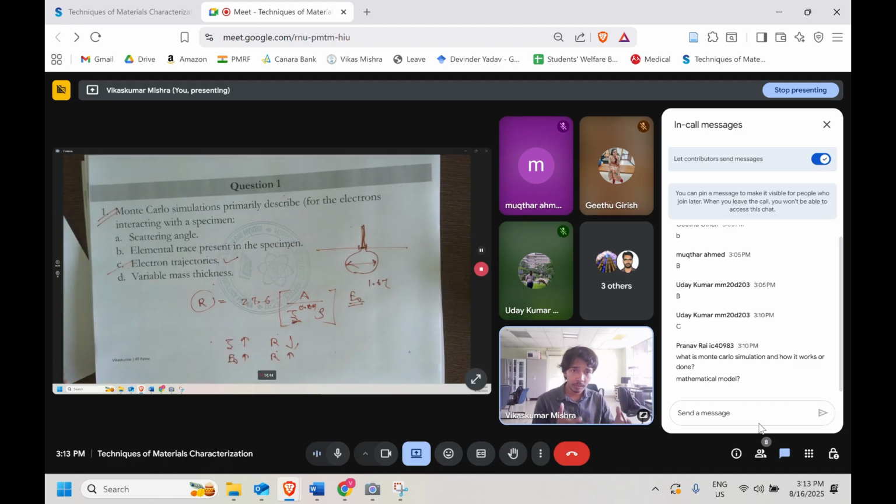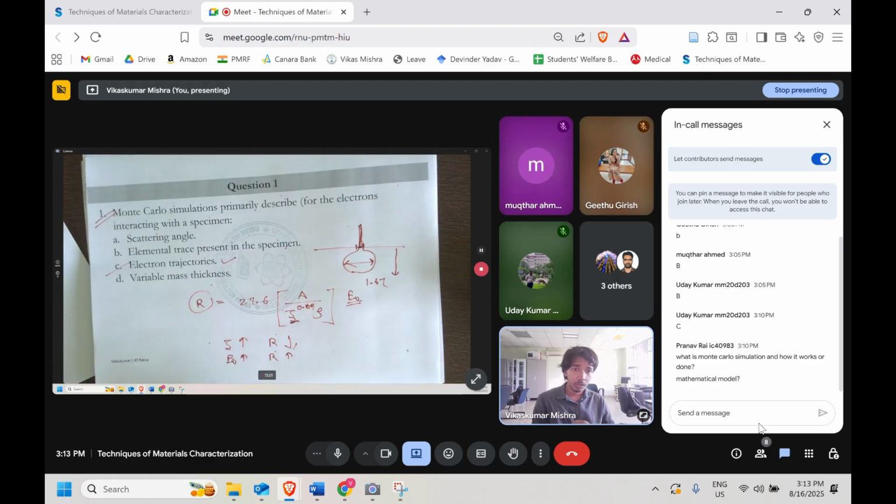So Monte Carlo simulation will more or less tell you, if the atomic number is more, how the volume will change. If you use more energy, how the volume changes. Let us say in your case you went for the SEM, you don't want to go to high depth. You want to collect information only till the surface. For example, someone did a coating in the nanoscale, so they don't want to go very deep.